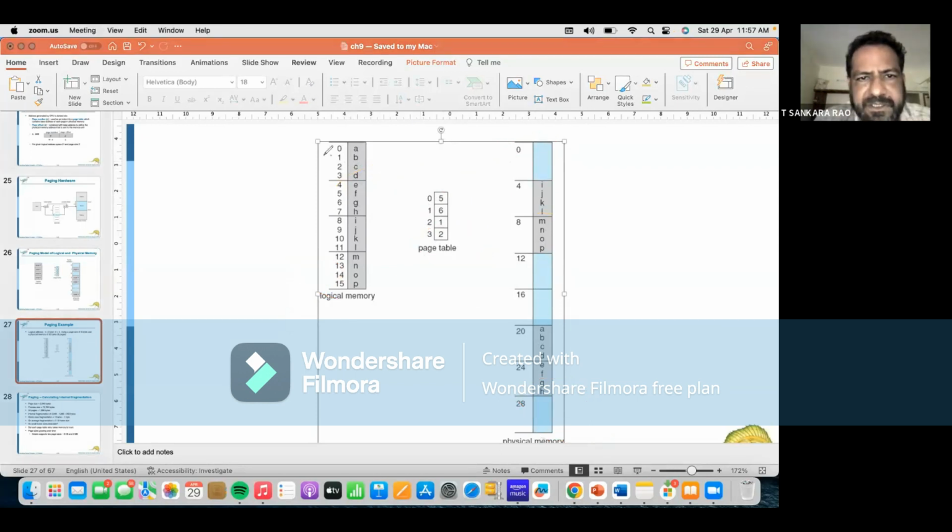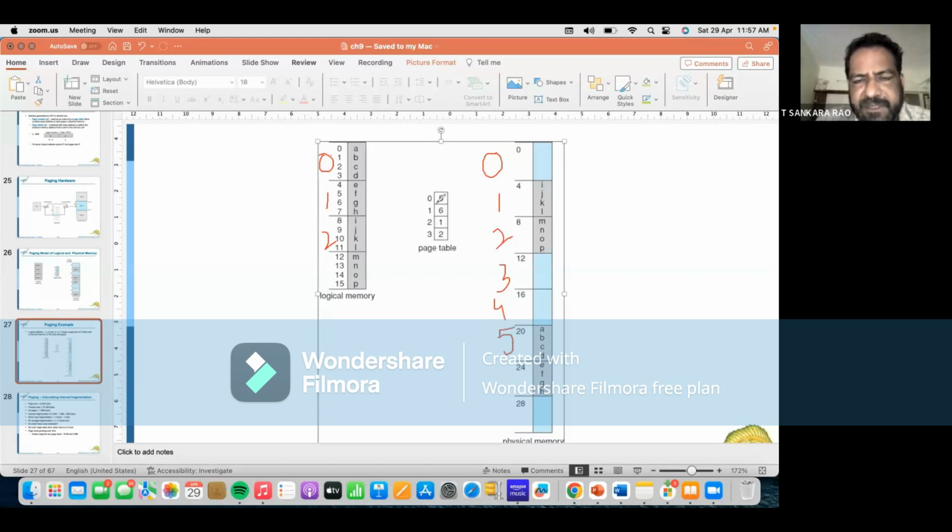So this is page 0. So this is page 1. This is page 2. Please listen carefully. This is frame 0. So this is frame 1, frame 2, frame 3, frame 4. This is frame 5.